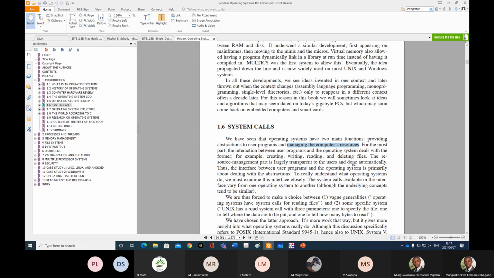Okay. So what is a system call, and why did we have to go through all of that introduction, which is more of a revision? It's because the system calls available in the interface vary from one operating system to another.